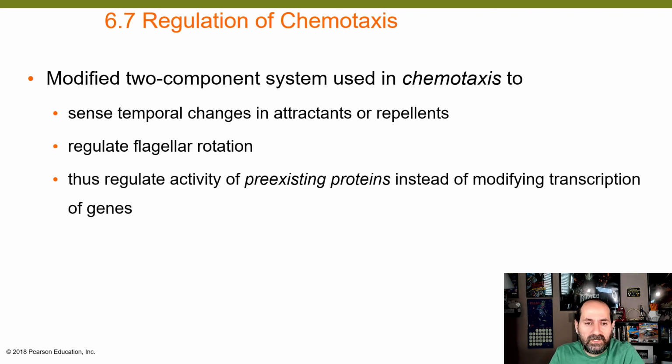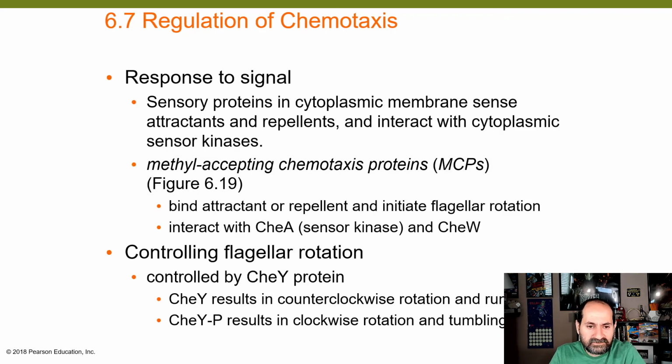How does chemotaxis work? Well, in response to a signal, a sensory protein in the cytoplasmic membrane senses the attractants and repellents and interacts with cytoplasmic sensor kinases. The cytoplasmic membrane protein, the membrane receptor, is called Methyl-Accepting Chemotaxis protein, or MCPs.